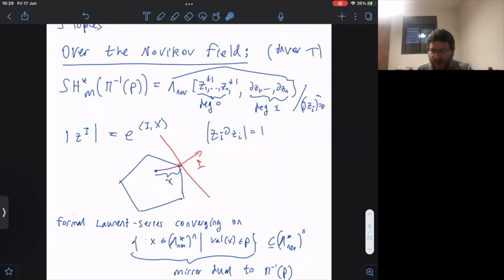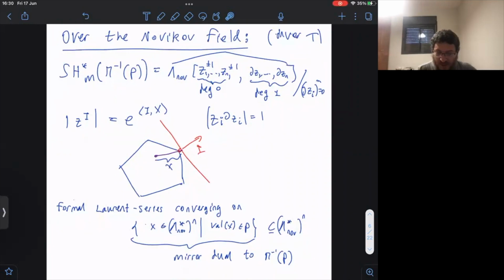So this is kind of a formal torus, and then you consider the set of points whose valuation lies in this polygon, and then this thing is just taking the sup norm. Each such monomial defines a function, and this is just taking the sup norm with respect to this domain.